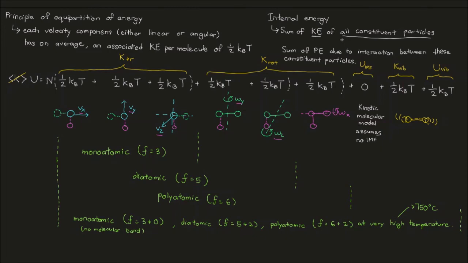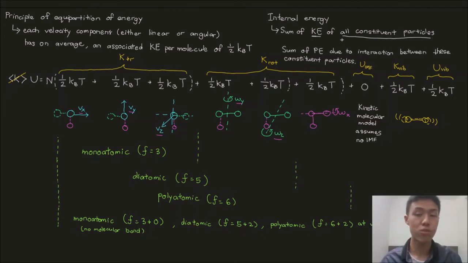If the temperature is not hot enough, you won't be able to unlock this vibrational motion. It will not vibrate if the temperature is too low. Only for hydrogen molecules, if it goes over this 750, then it will start to vibrate. Only then will the vibration contribute additional kinetic energy and potential energy to the internal energy of the gas system.